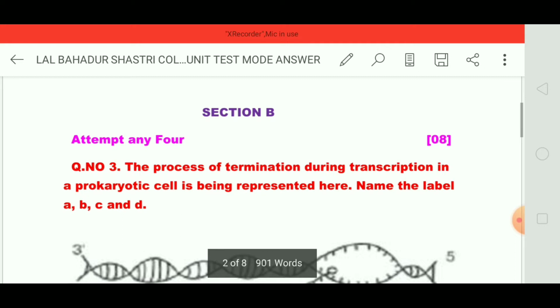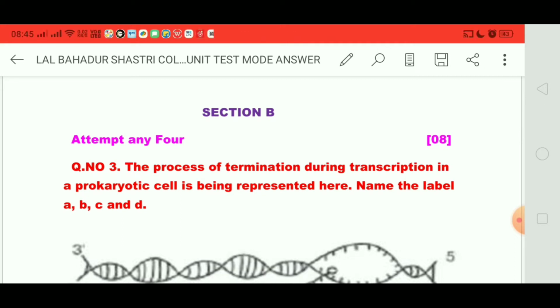Attempt any 4. Question number 3: the process of termination during transcription in a prokaryotic cell is being represented here.